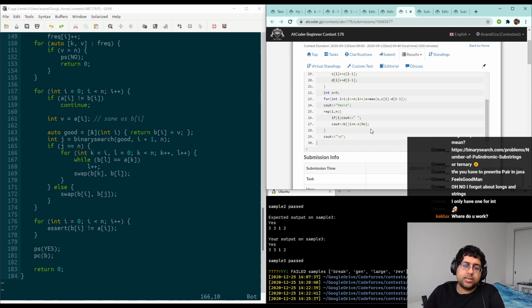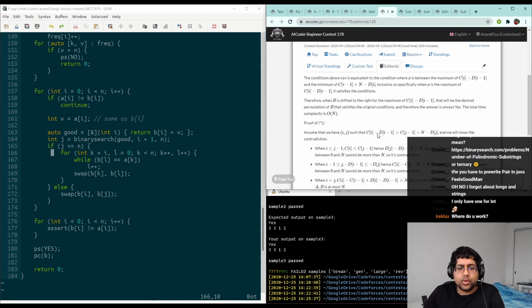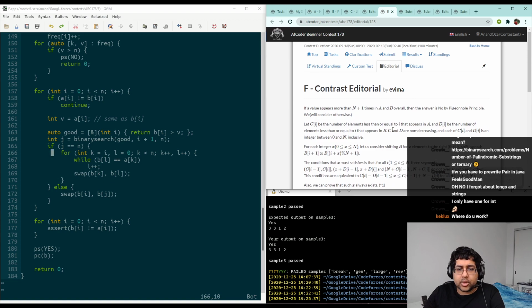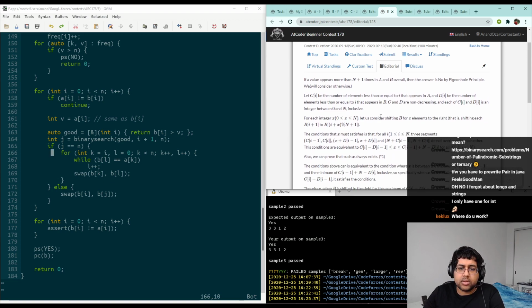So it looks like the answer here... Wait a second. So it looks like they always perform a... Wait, what? So they always perform a shift of the input? I see. So you shift B by X elements to the right. Interesting. So that's what we tried near the beginning, but clearly we did something wrong.